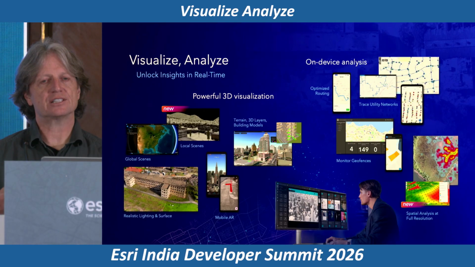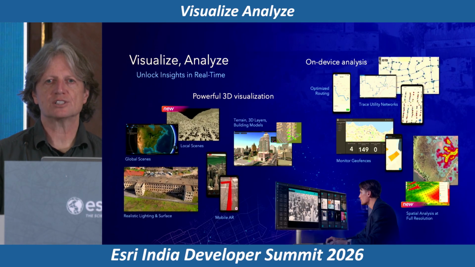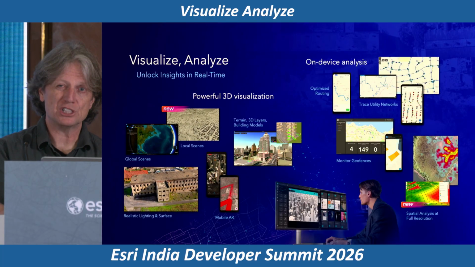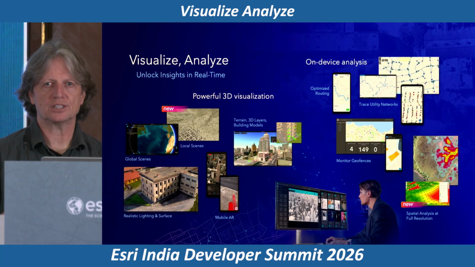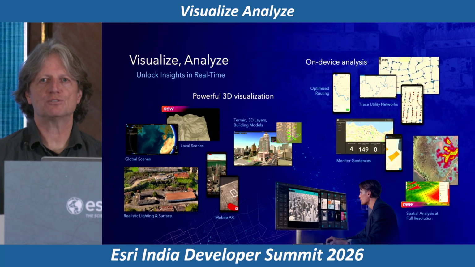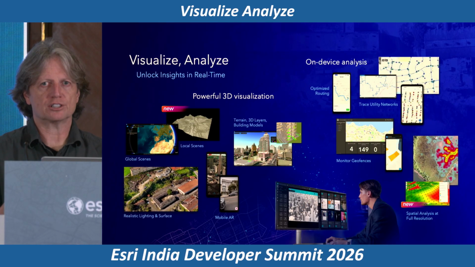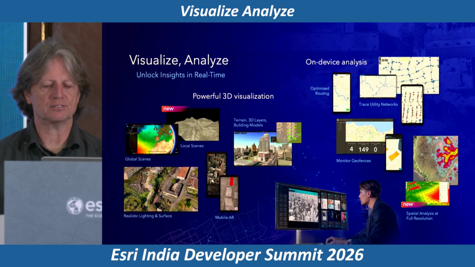With on-device analysis, we've supported utility network analysis by tracing, analysis on transportation networks with optimized routing and associated operations. We've got geofences, which provide situational alerts based on the location context of the device itself.